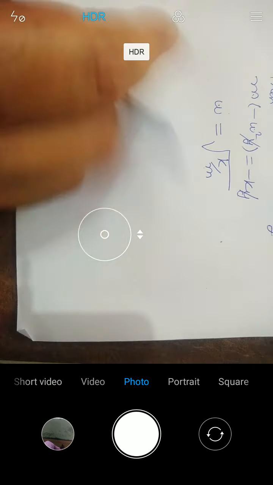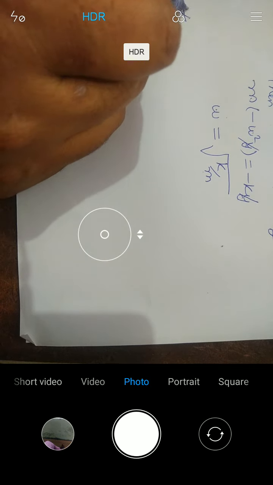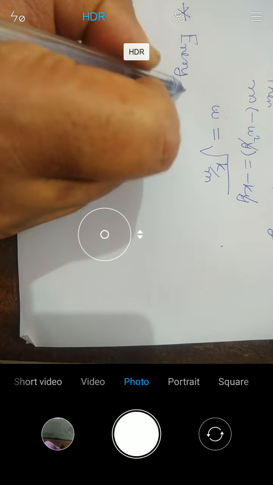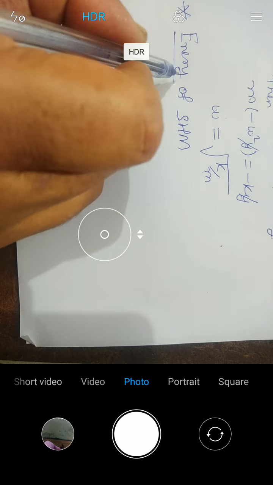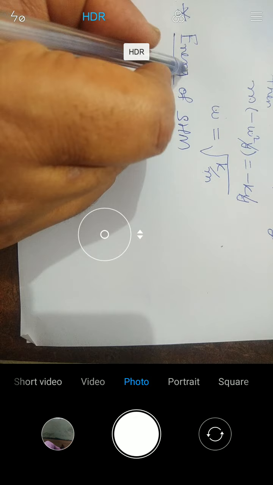Then the next part is the energy of simple harmonic motion.